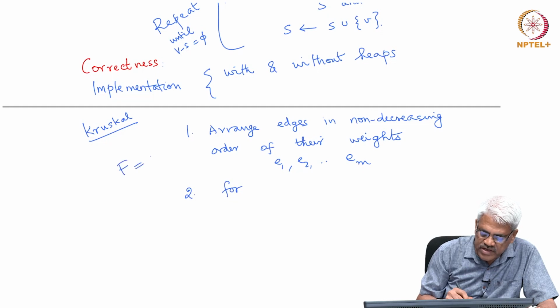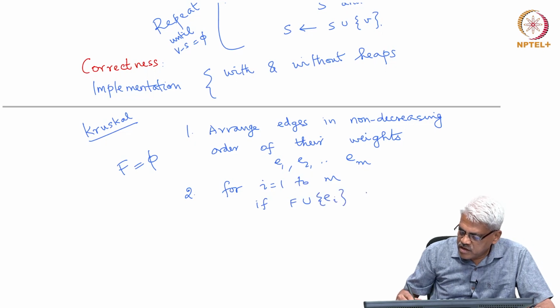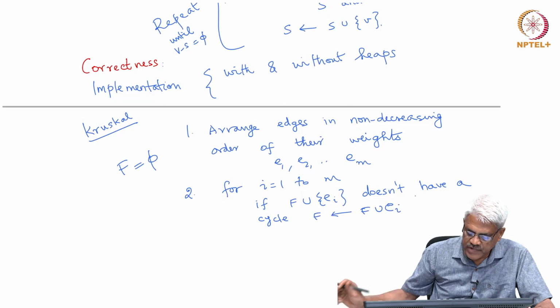Start with an empty subset of edges F, for i going from 1 to M: if F union Ei does not have a cycle, then I am going to add Ei. That is it.